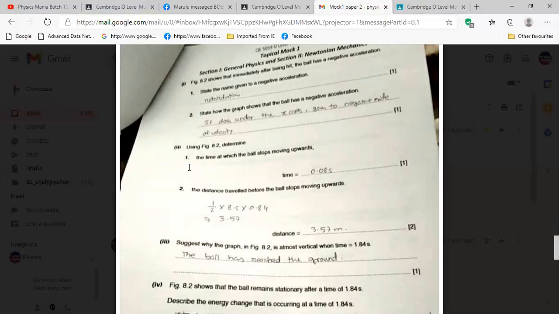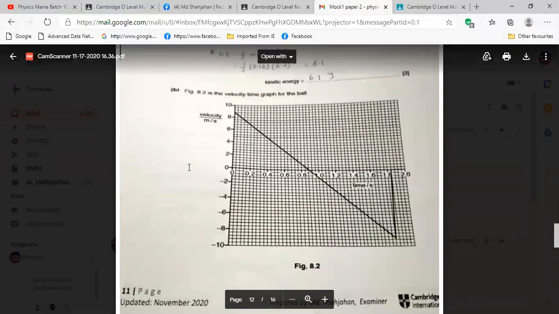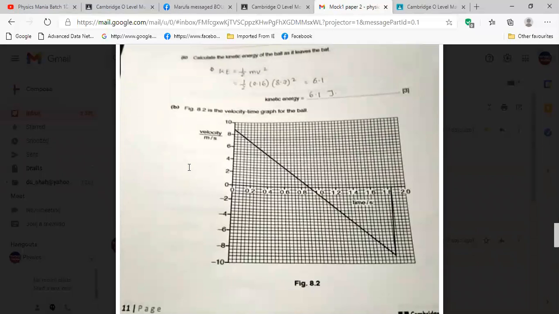When it is stopped, that time the velocity is zero, right? So look in the graph, where the velocity is zero. What is the time over there?